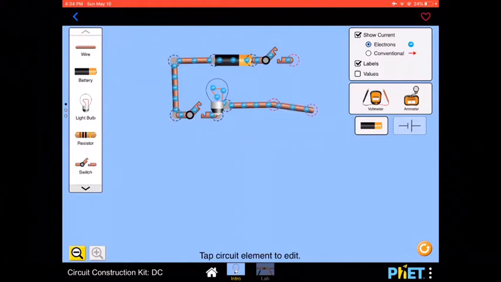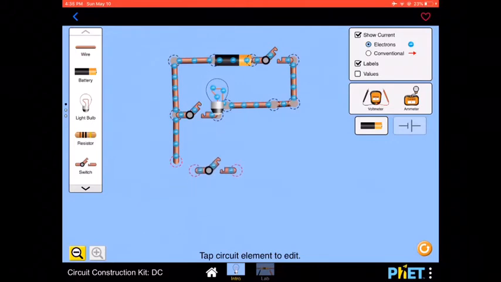And let's have a copper wire here. Right, and let's just have that.